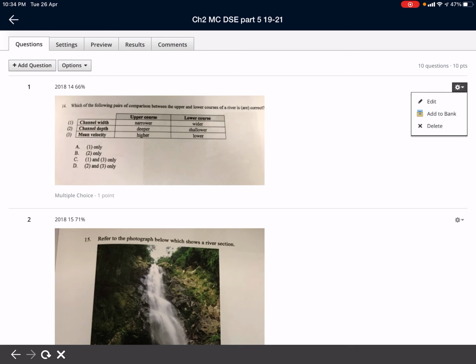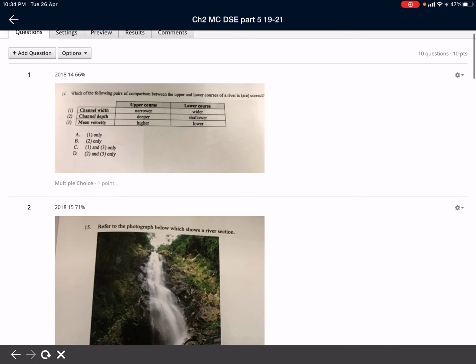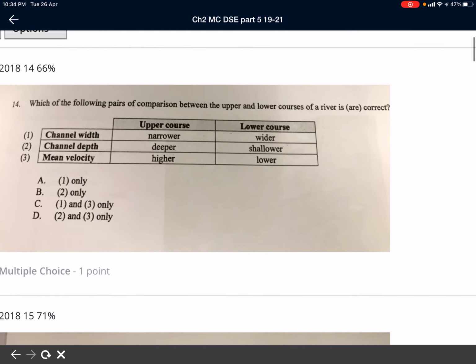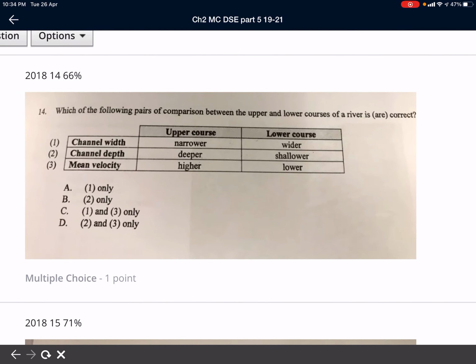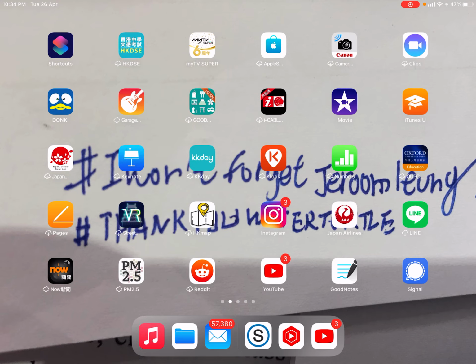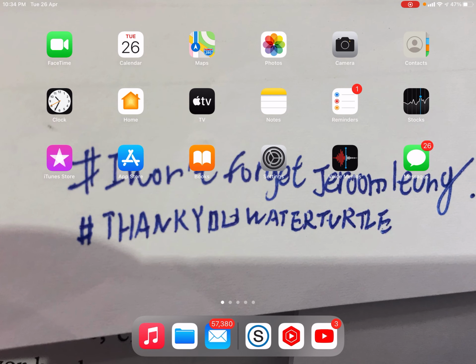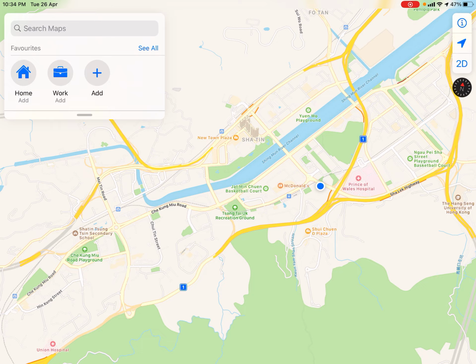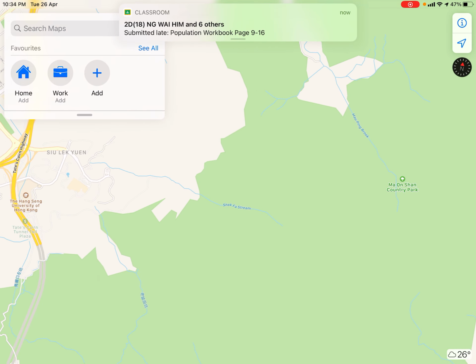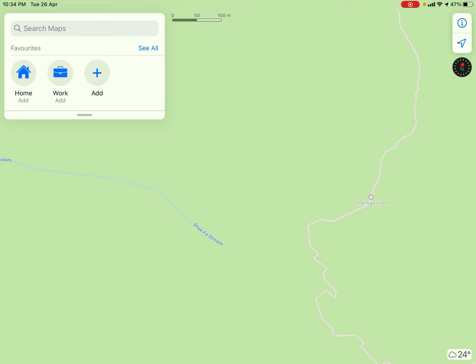You can see right here is the 2018 number 14 question again. It is talking about the upper course and lower course. For the first question, the upper course is always narrower, because you can find the stream right here, maybe through Google Maps. In the upper course like here, it is very narrow.